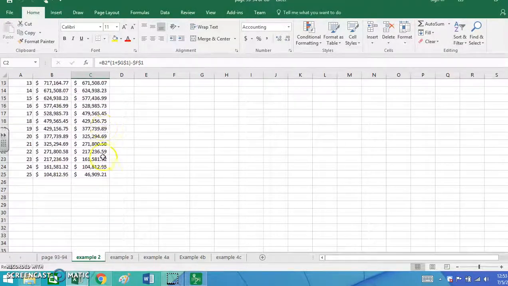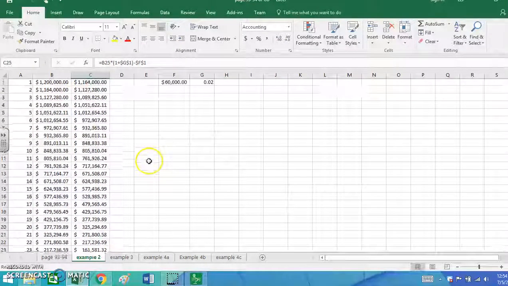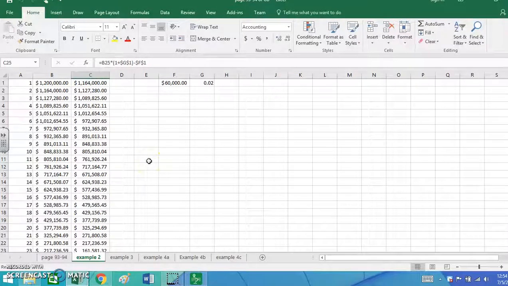So you'll notice at the end of 25 years, I end up with $46,000 left in my account. So that means that my account did end up paying me $60,000 every month for 25 years. Okay? I'm sorry, $60,000 a year for 25 years.